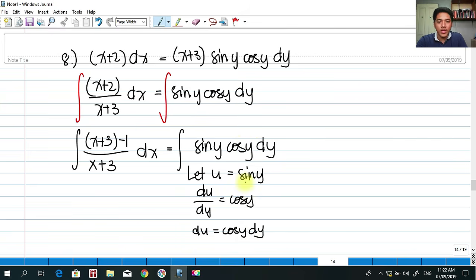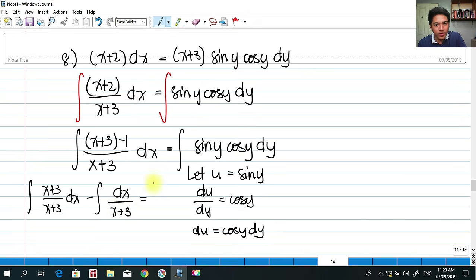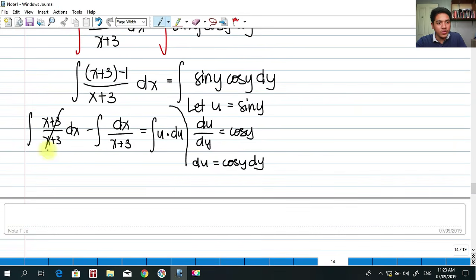So this is simply a u substitution, but here we can still perform the property of integral, wherein we can distribute the integral and dx sign. So we have minus dx over x plus 3, and that is equivalent to the integral now of u du, so we can see here that this should cancel.